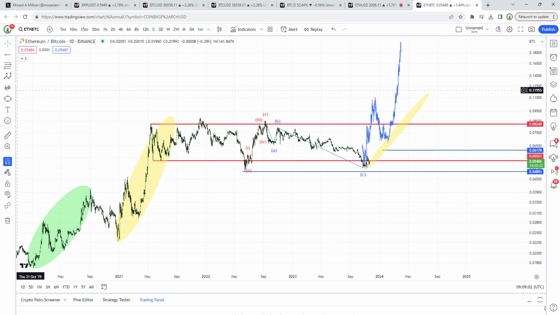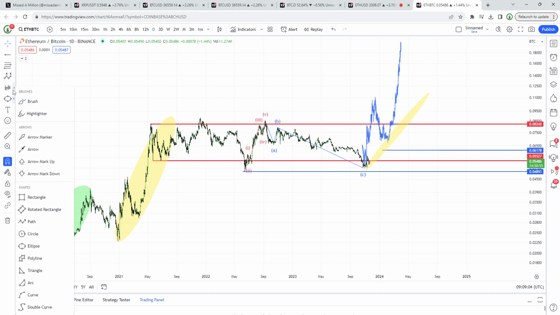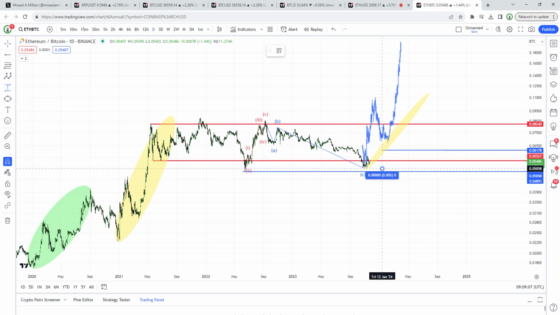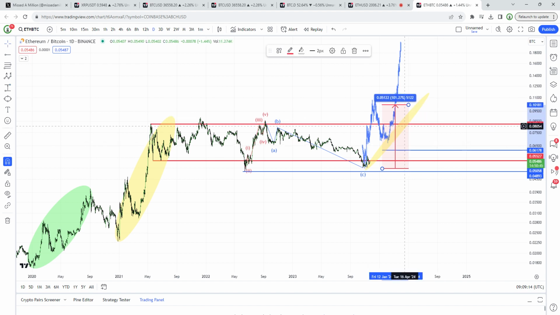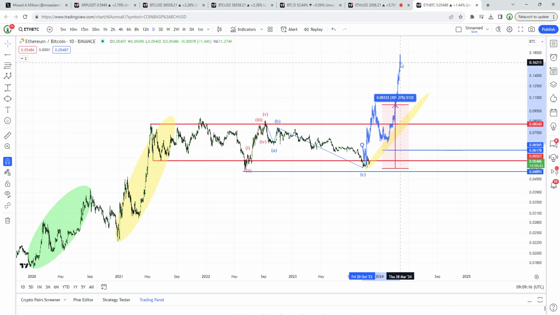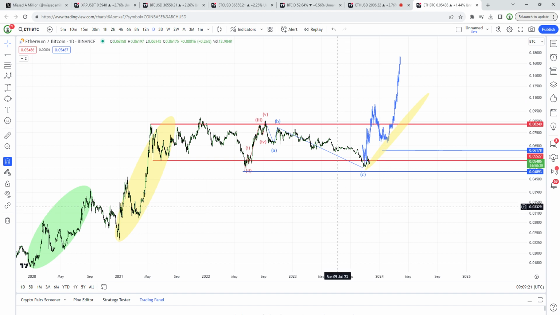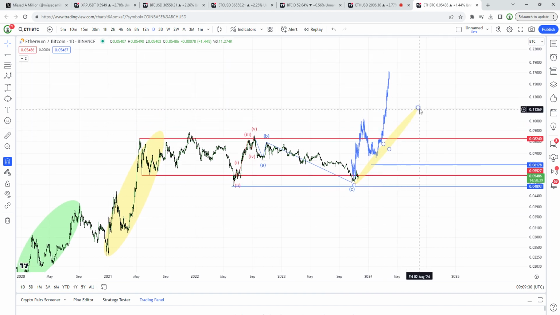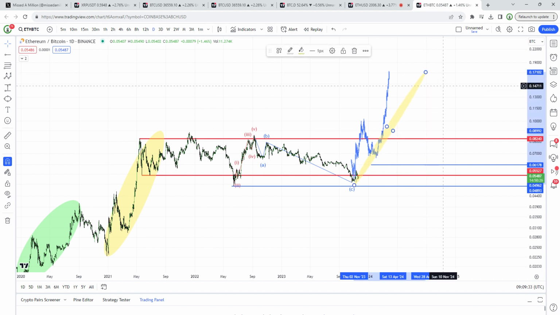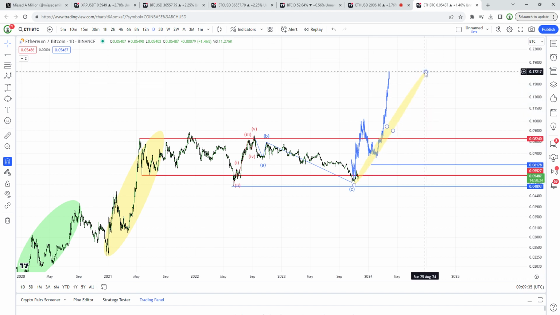So we would measure from the bottom here, 100%, and that takes us to about 0.1. So just adjust that a little bit. Potentially we could be breaking up a range again, and it would be very normal for us to come back down and test the mid-range. So it's very possible that ETH Bitcoin could be going off on quite a move here soon.